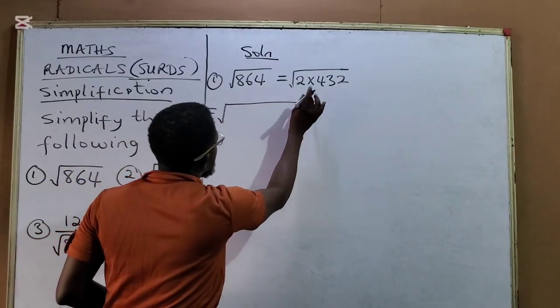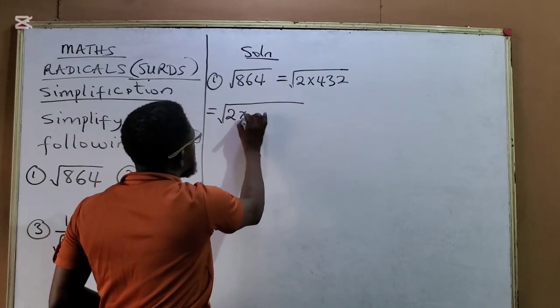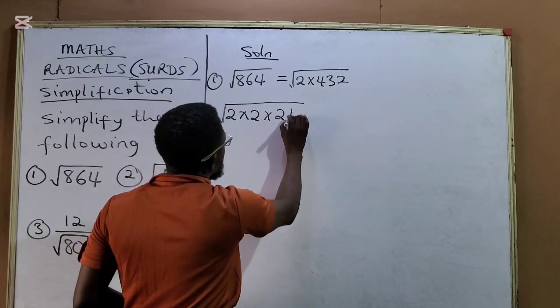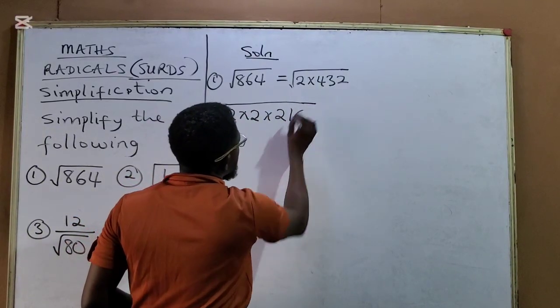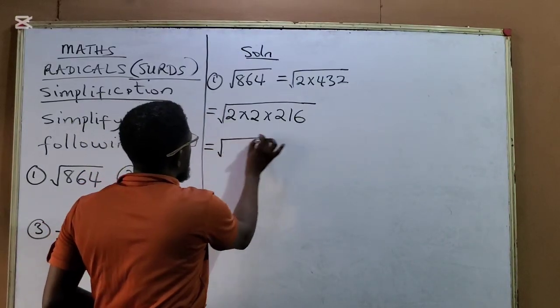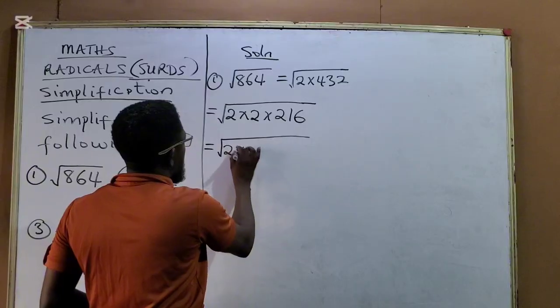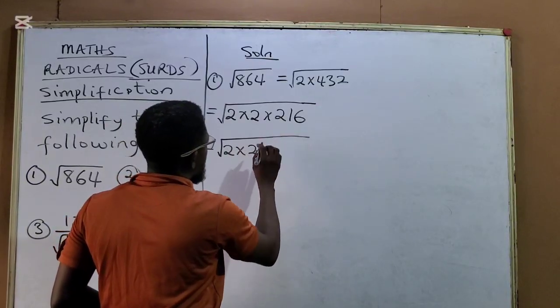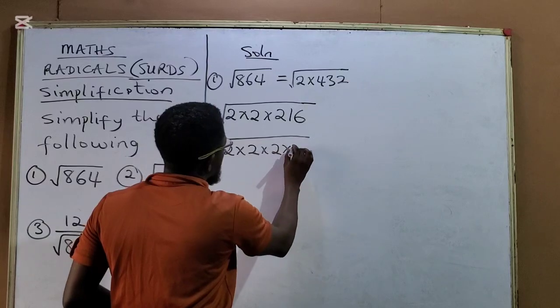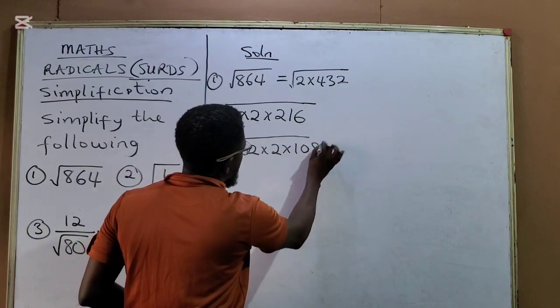Then we'll split this one further. We have the 2. 432 is the same as 2 times 216. We can split this one further again. We can write it as 2 times 2, 216 divided by 2 again, that will give 2 times 108.